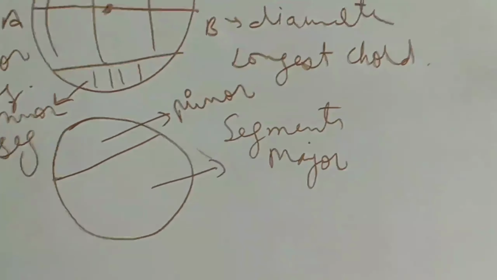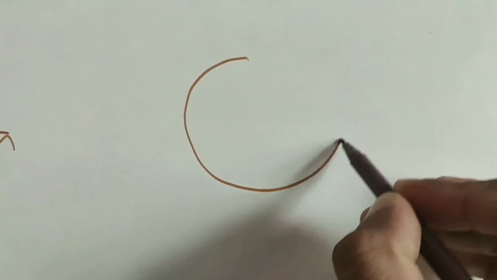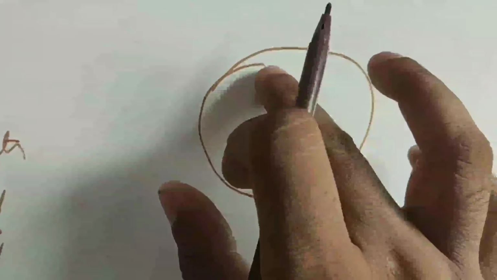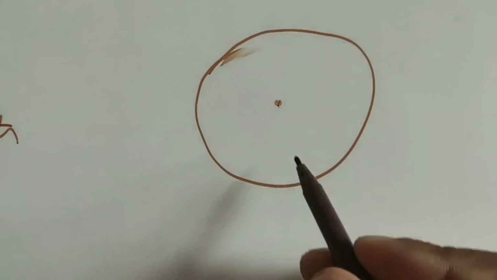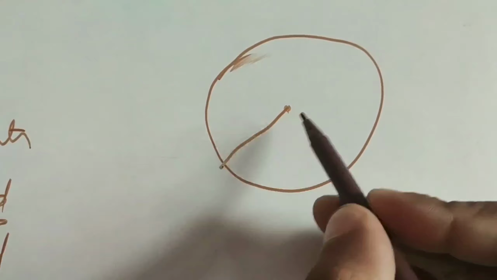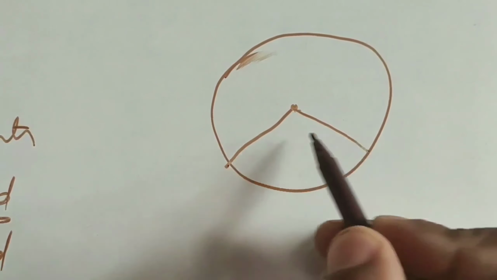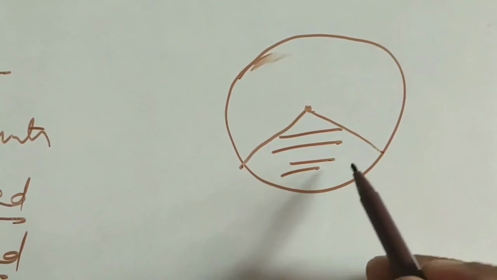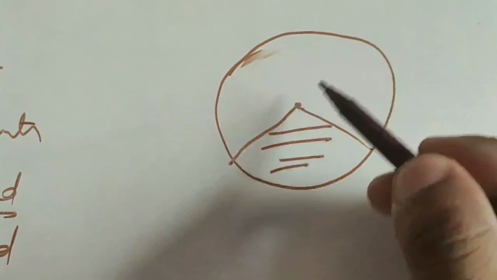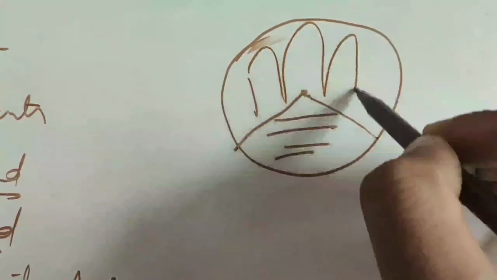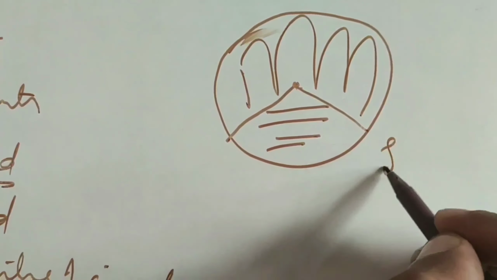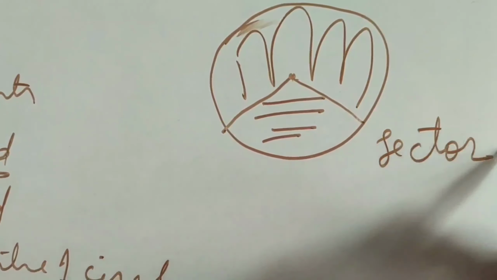Next, the area covered between 2 radii is the sector. If this is the center and we have 2 radii like this, then the area covered between these two radii is known as the sector. So clearly this part and this part both are sectors.